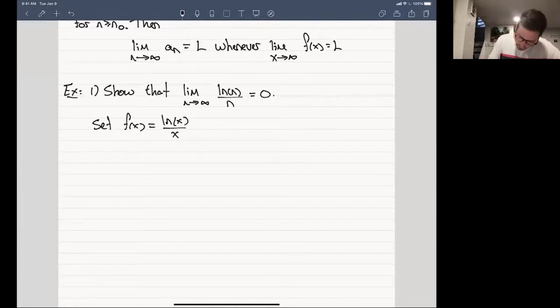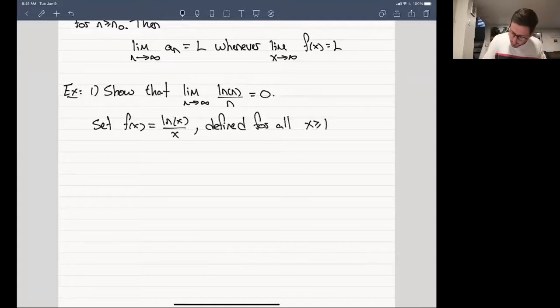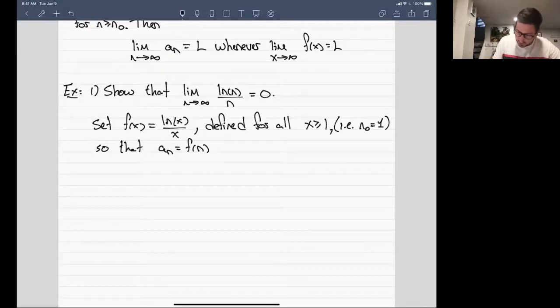And this is defined for all x greater than 0, but in our case, we can take n0 equal to 1, so that my sequence elements are just f evaluated at each integer.